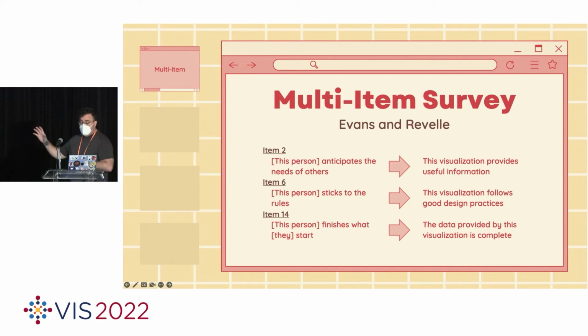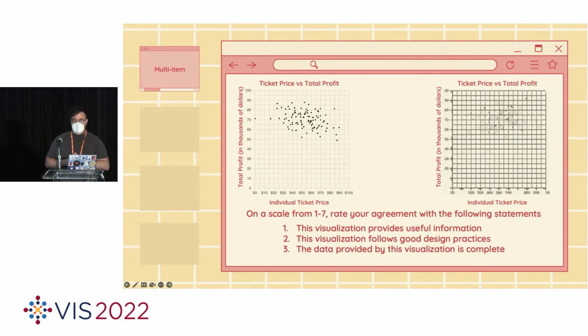So for example, item 2 on the Evans and Ravel scale is "this person anticipates the needs of others." And if we apply that to visualizations, we can say "this visualization provides useful information." So we could show you the same visualizations and ask you to rate your agreement with each of these items on a scale from 1 to 7.